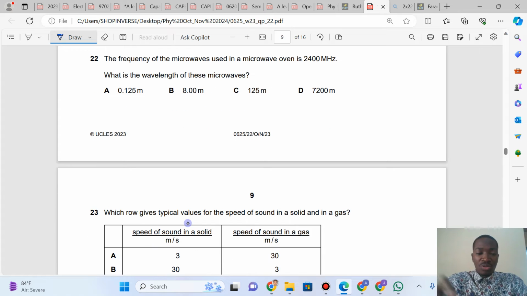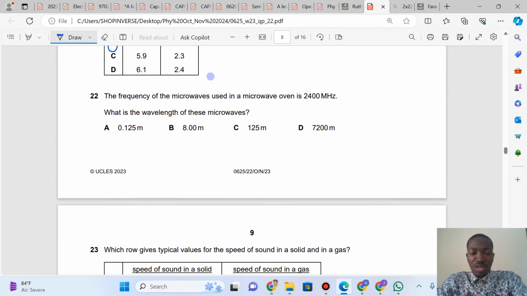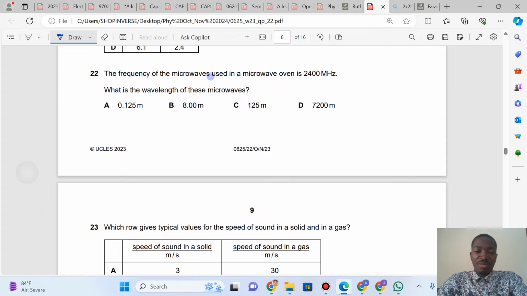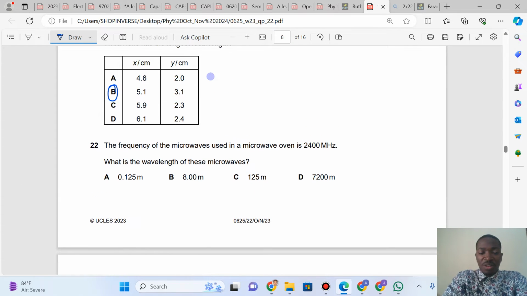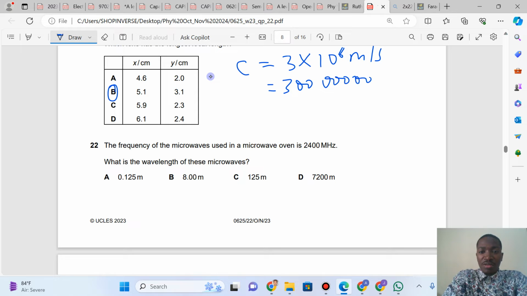We go to question number 22. The frequency of microwaves used in a microwave oven is 2400 megahertz. What is the wavelength of this microwave? From your knowledge of electromagnetic waves, all electromagnetic waves travel at the speed of light, which is 3 times 10 to the power 8 meters per second, or 300 million meters per second.